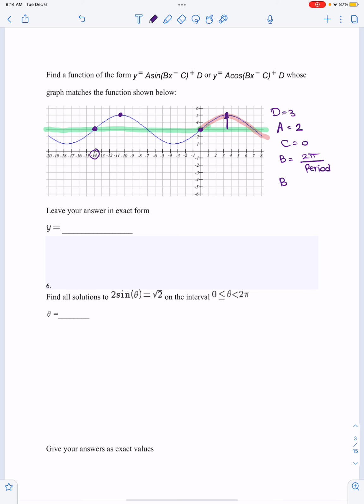So I'm going to say b is equal to 2 pi over 14, which is going to reduce to pi over 7. Now I'm ready to write my equation. The equation says a sine of b times x minus c, with b being pi over 7. The minus c is 0, so I will leave it out, plus d, which is equal to 3 in this case, and that is going to be the equation.